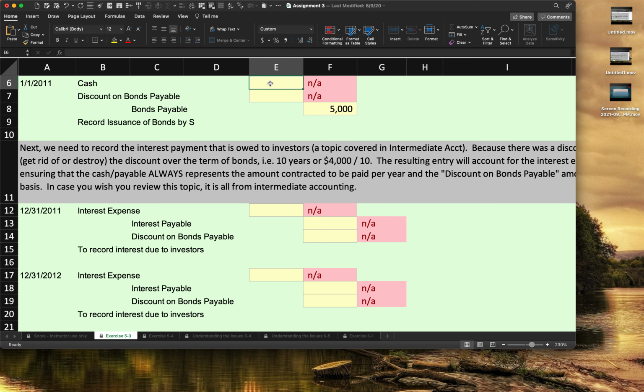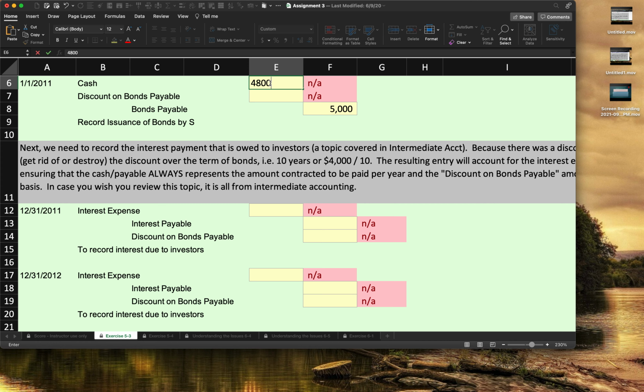However, since we are selling it at a discount, and there is math behind this, which we cover in intermediate accounting, where we take a look at the present values of all of the payments we're going to make for interest, plus the present value of the $5,000 down the road, and we discount it at the market rate, we figure out exactly how much we need to accept.